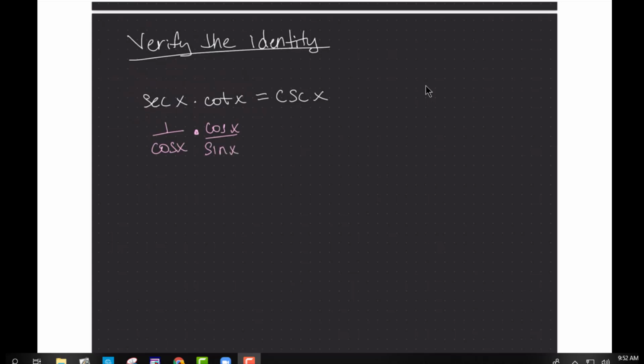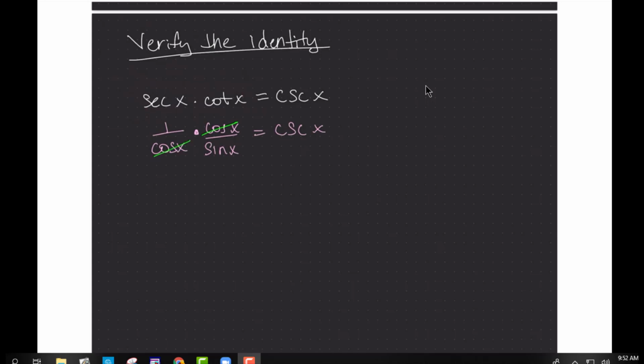And we're just going to keep this, right? Equals cosecant of x, because that's our goal. So we're just playing around with the left-hand side. Is there anything I can do on the left-hand side? Yeah, cosine over cosine is 1, right? Anything over itself is 1. So cosines cancel.